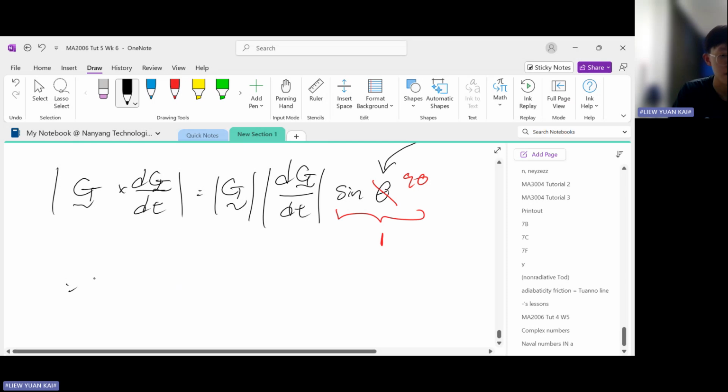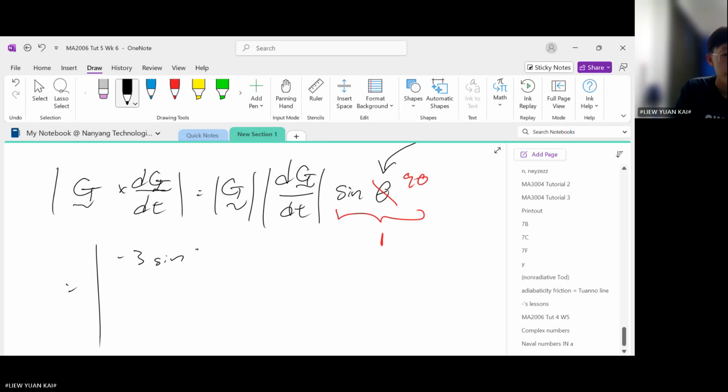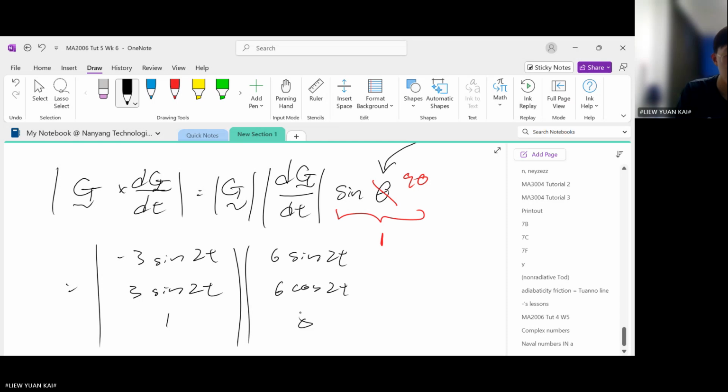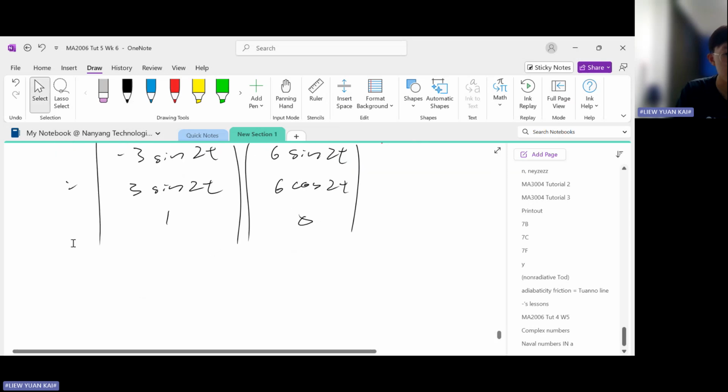So this will become magnitude of G multiplied by the magnitude of dg dt. Okay, so let's calculate this.